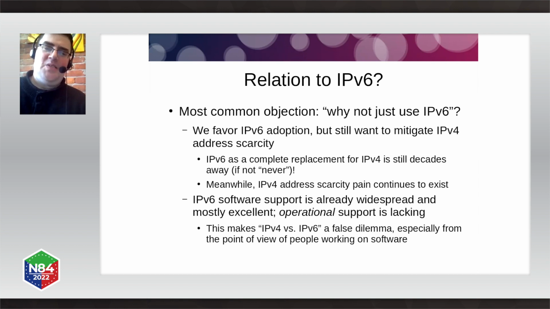People should learn IPv6 instead. This is delaying the IPv6 rollout, various concerns like that. So I would emphasize that we favor adoption of IPv6, and we still want to mitigate the scarcity of IPv4 addresses, which continues to cause really significant pain and difficulty for lots of people.